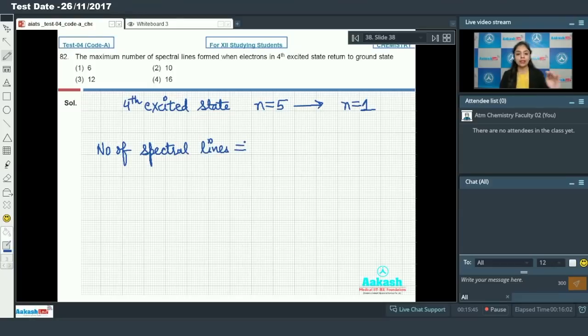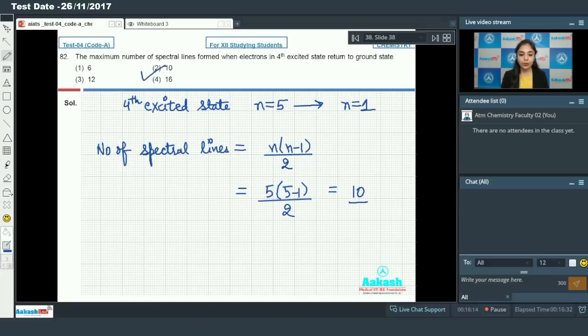Whenever electrons return to the ground state, the formula for the spectral lines is n(n minus 1)/2, and here n is equal to 5. So you will get 10 spectral lines. So option number 2 is the correct answer.